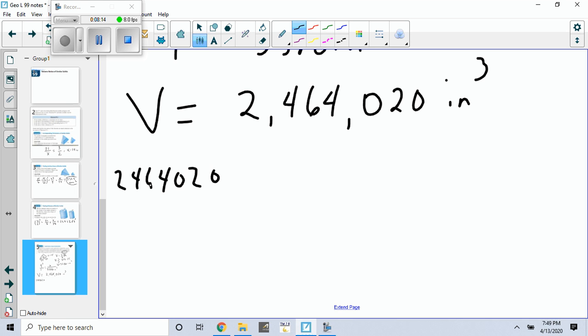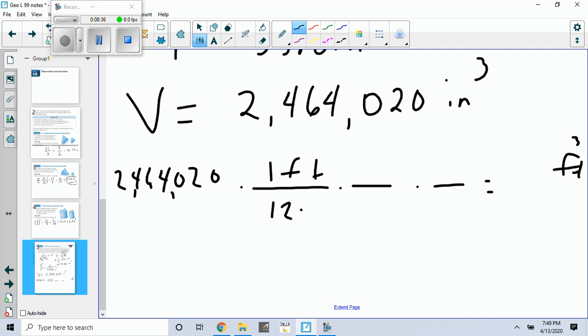So 2,464,020 times 3 unit multipliers would give us our answer in feet cubed. What's the unit multiplier we use to convert inches to feet? Hopefully you all said 1 foot over 12 inches, 1 foot over 12 inches, and 1 foot over 12 inches.